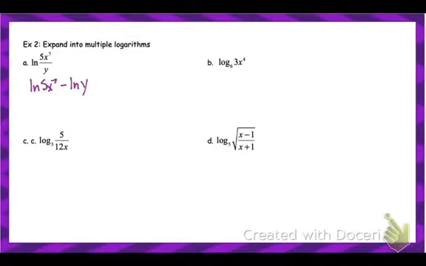So I'm now going to separate that multiplication into logs that are being added. Then I still have one last step. I can take that exponent and move it to the front. So I'm going to rewrite this as 7 ln x minus ln y. And that gives me the simplest possible argument for each of these logs.